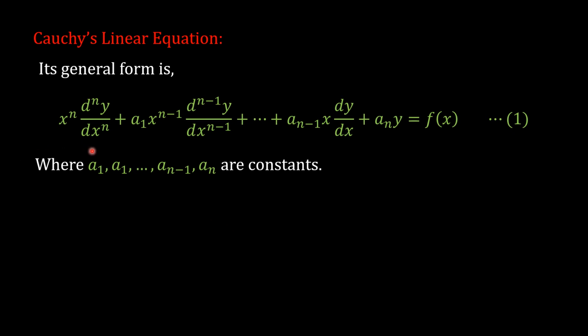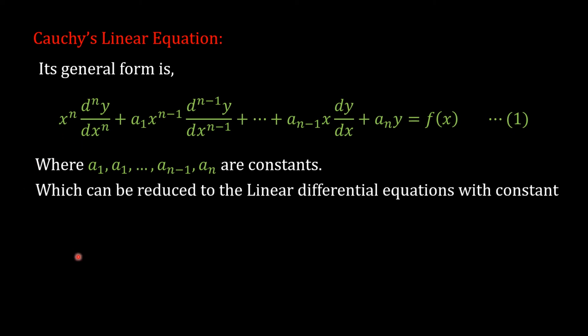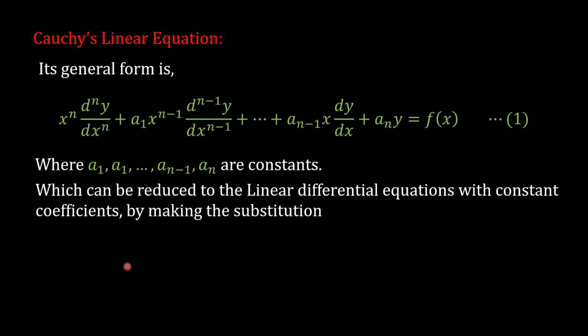As we want constant coefficients, and here each derivative is multiplied by a power of the independent variable x, what we will do is make the substitution for that independent variable itself: x is equal to e^z, that is, z is equal to log x.